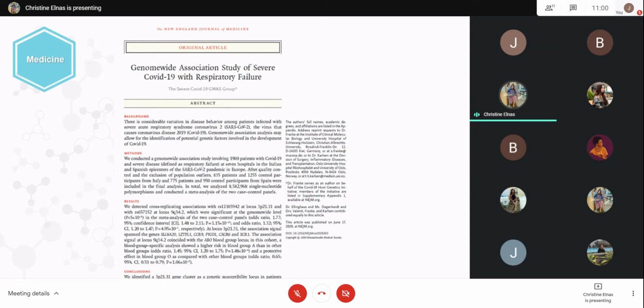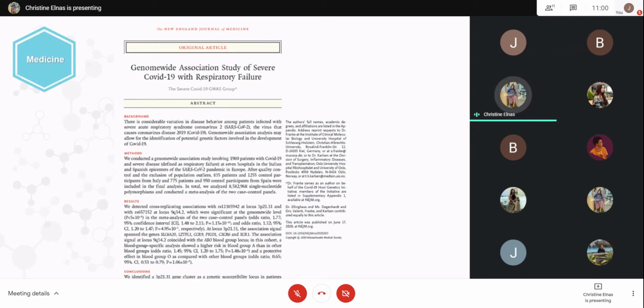A blood group specific analysis showed a higher risk in blood group A than in other blood groups, and they also found a protective effect in blood group O as compared with the other blood groups.